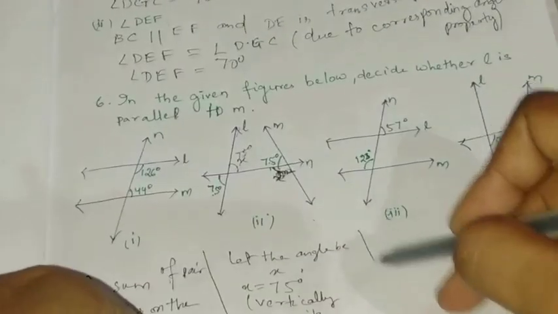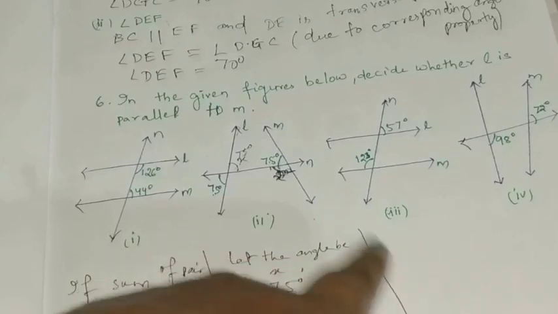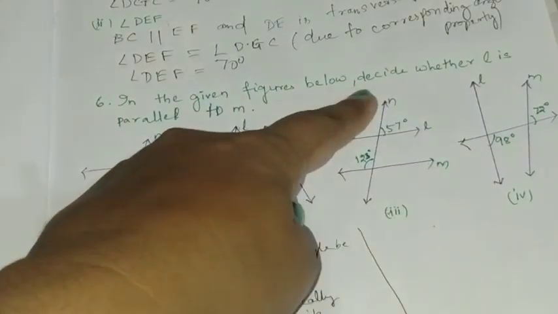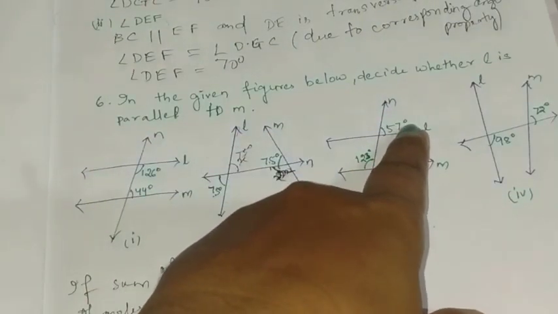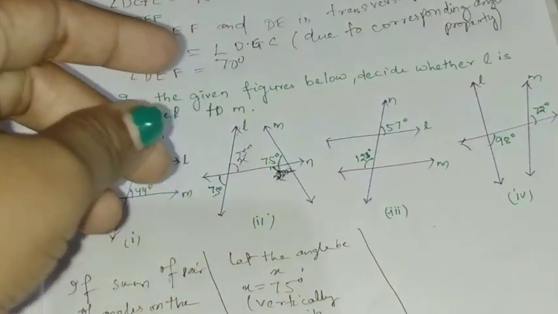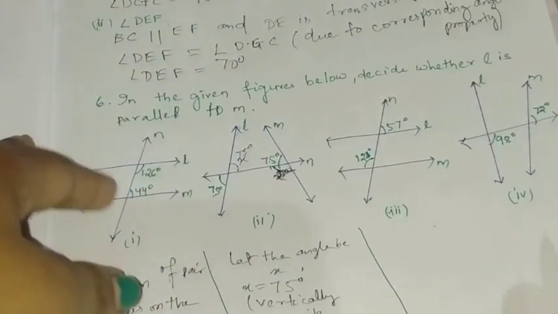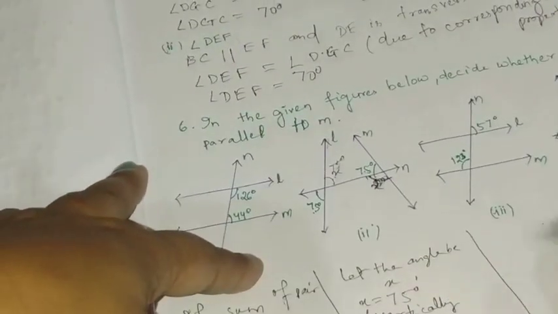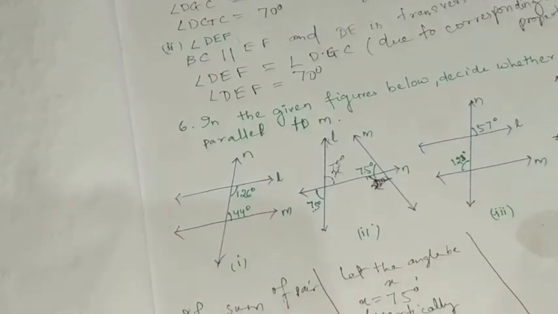Okay, next we'll move to the third. So look here, L and M are given and N is the transversal. Here 57 degrees is given. So this is 57 degrees. We can find out like this.